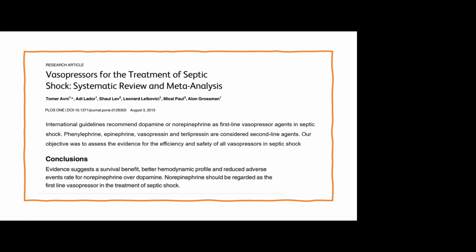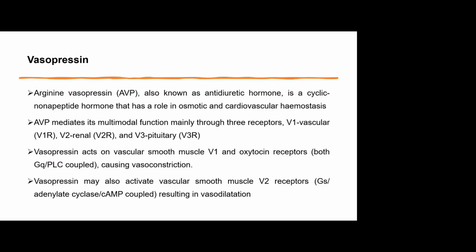There's this article, which is a systematic review and meta-analysis looking at use of vasopressors in treatment of septic shock. And noradrenaline was considered the first line vasopressor in treatment of septic shock, which we all know is our practice. However, vasopressin is another drug which is being used more often than before.